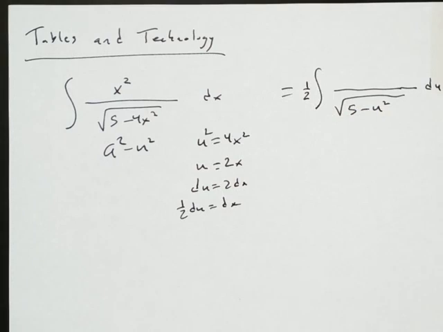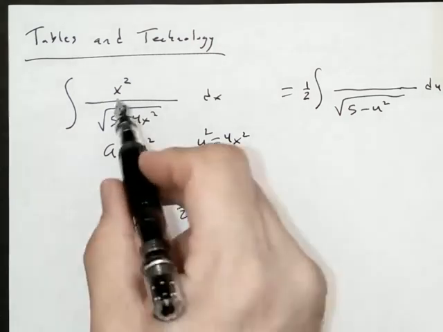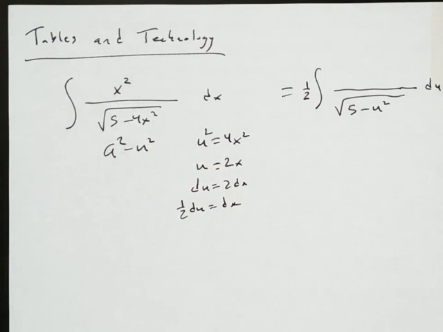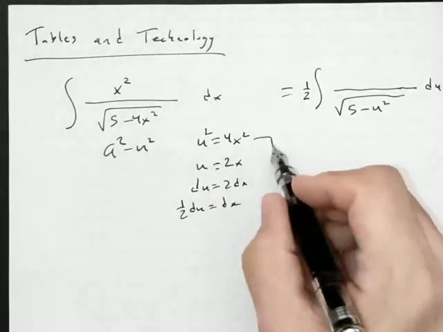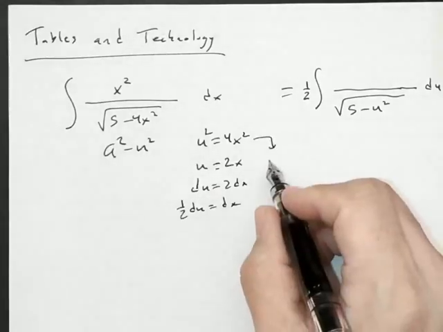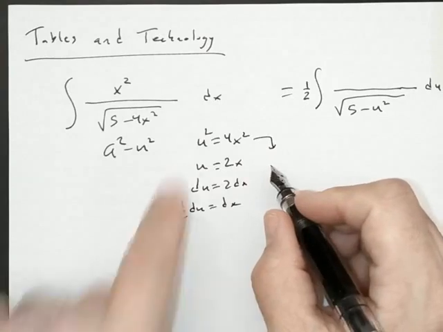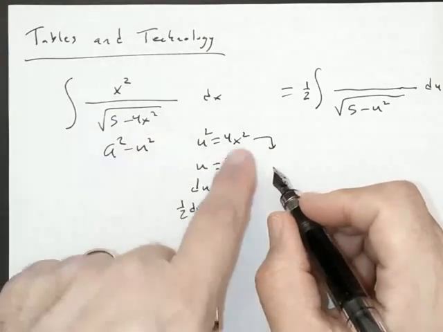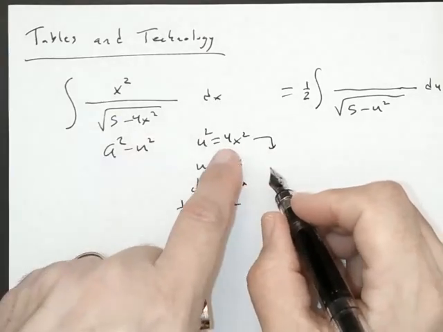What about the top? X squared there. Exactly. What was that, Jacob? If I want to get x squared alone, I've got to divide by that 4.